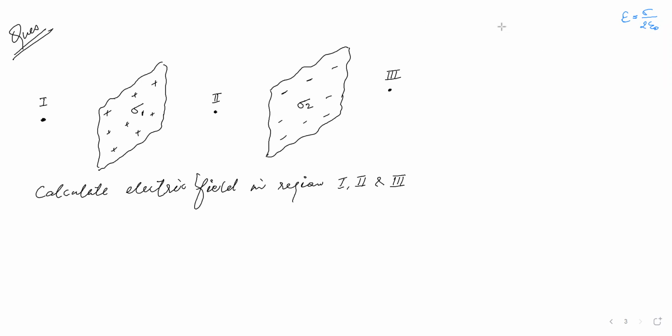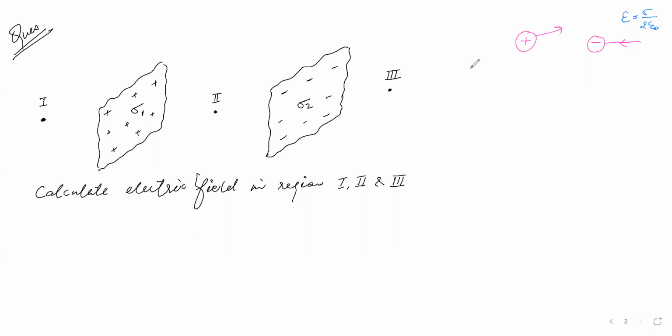We have already studied that due to the positively charged body, electric field is always away from the charge. If it is negative, then the field lines are always towards the charge. Do you remember or not? Yes, sir.